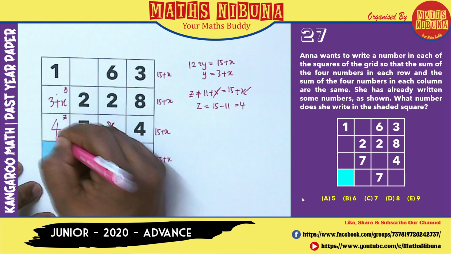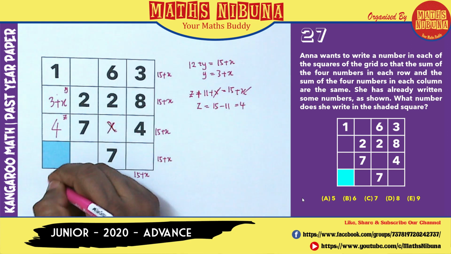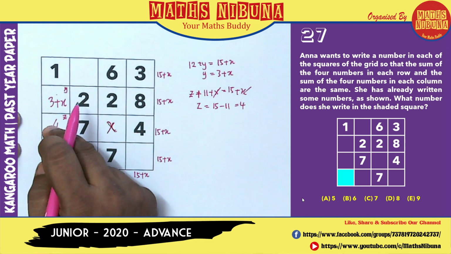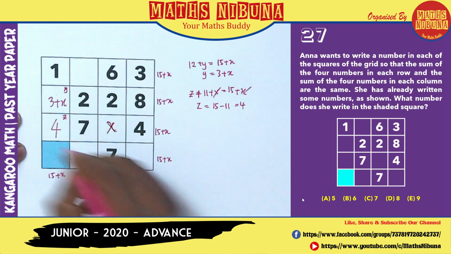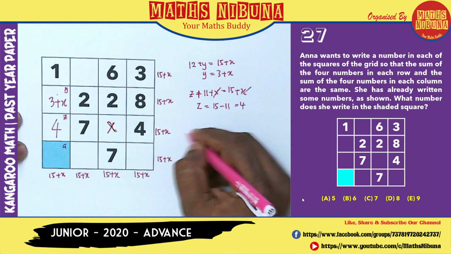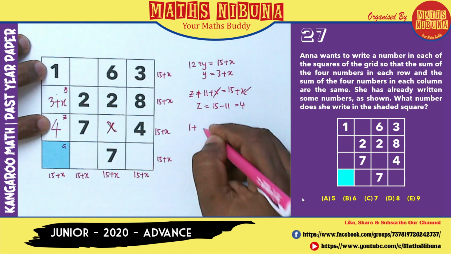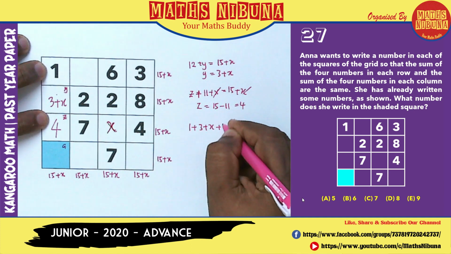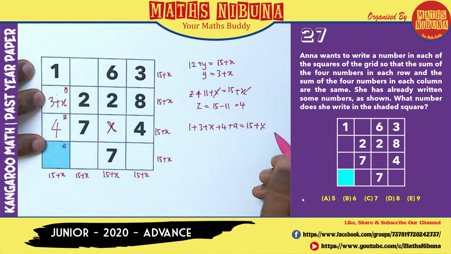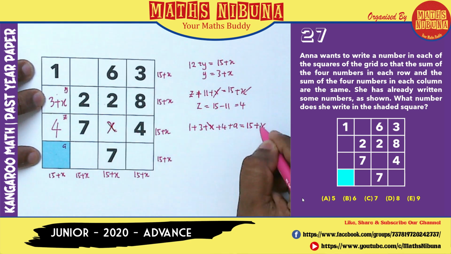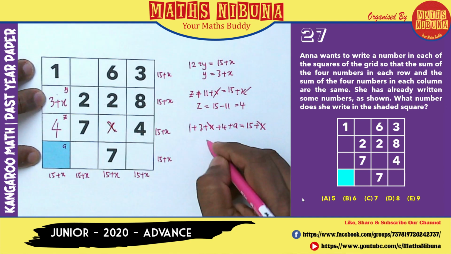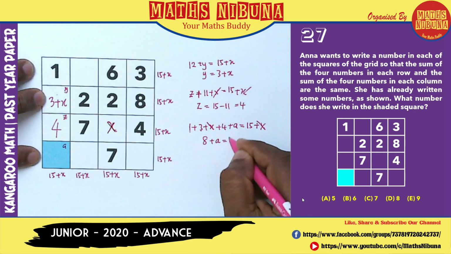Now for this row, 1 plus 3 plus x plus 4 plus this one, let's say a: 1 plus 3 plus x plus 4 plus a equals 15 plus x. x and x cancel. 3 plus 1 is 4, 4 plus 4 is 8, plus a equals 15.